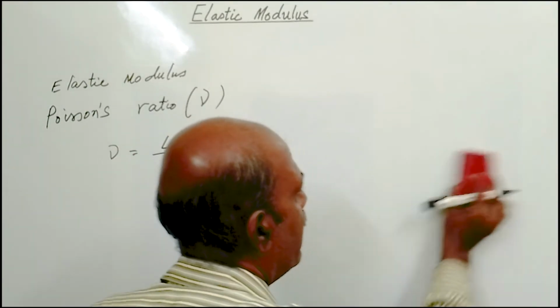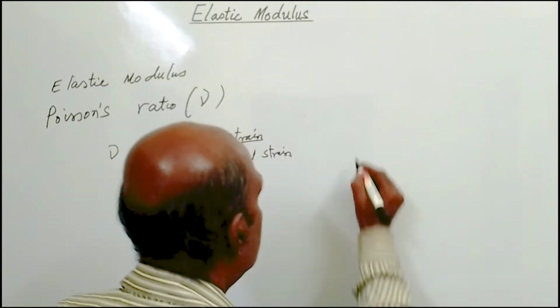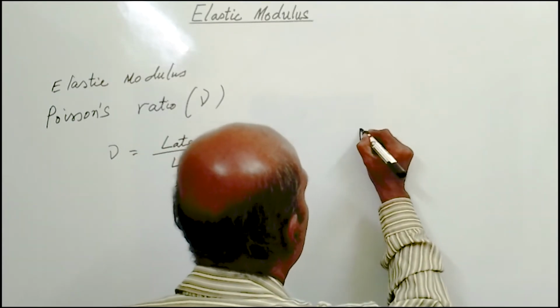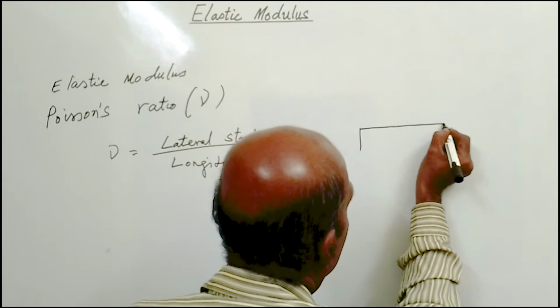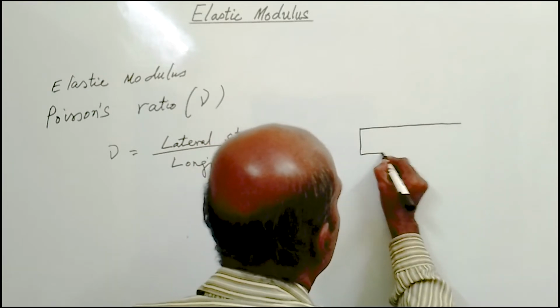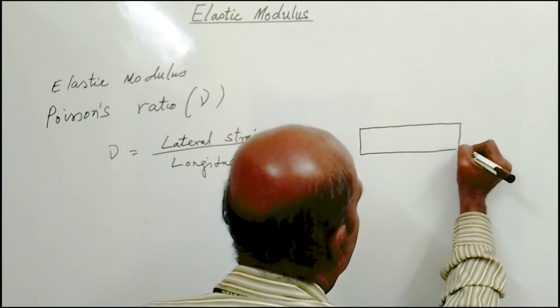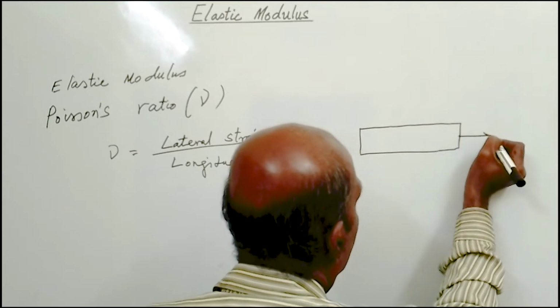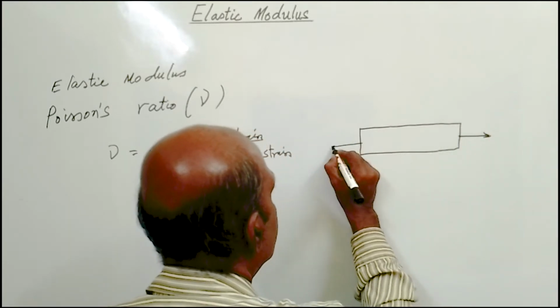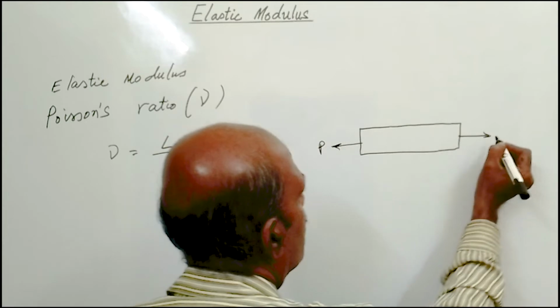Say this is a three-dimensional body. The body is acted upon by a unidirectional load P. P is the load acting over the body.